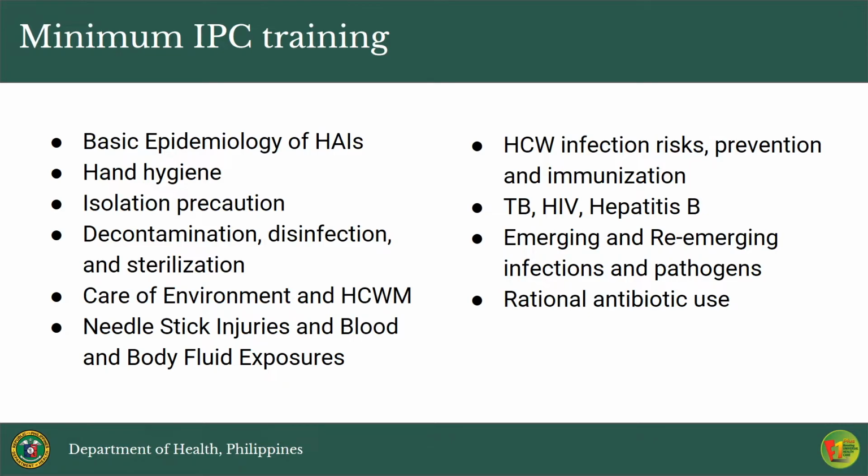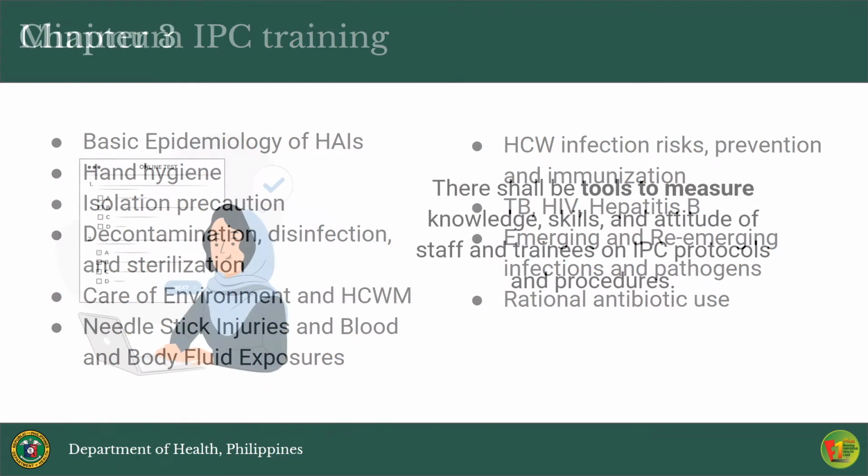The following are the recommended topics: basic epidemiology of healthcare-associated infections, hand hygiene, isolation precaution, decontamination, disinfection, and sterilization, care of environment and healthcare waste management, needle stick injuries and blood and body fluid exposures, healthcare worker infection risks, prevention and immunization, tuberculosis, HIV, hepatitis B, emerging and re-emerging infections and pathogens, and rational antibiotic use.